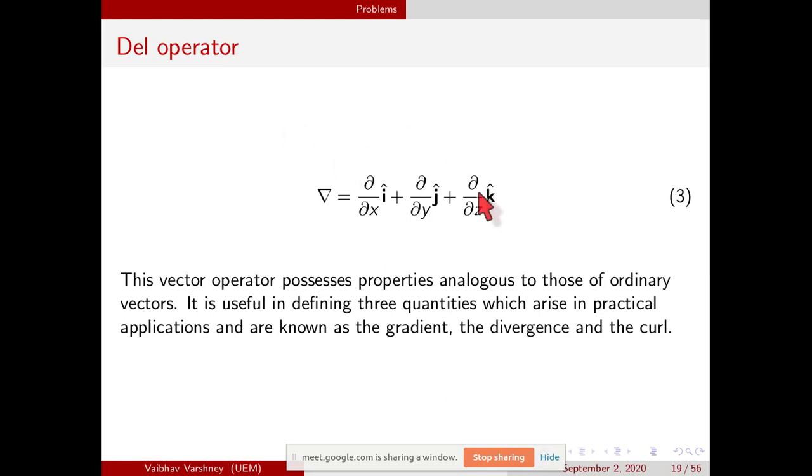So I will show you sums today. I have put 3-4 new problems, but the del operator alone has no significance. So this is clear? Yes, sir. Okay.